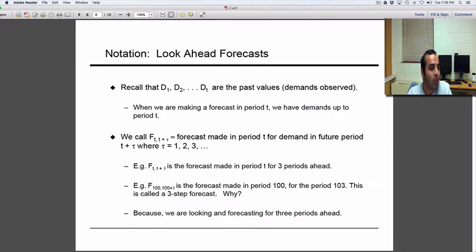We're going to look at the 1-step forecast for most examples. This is because typically we are interested in the next outcome, or simply the 1-step forecast. So F_T,T+1 is the forecast made in period T for the period T plus 1.